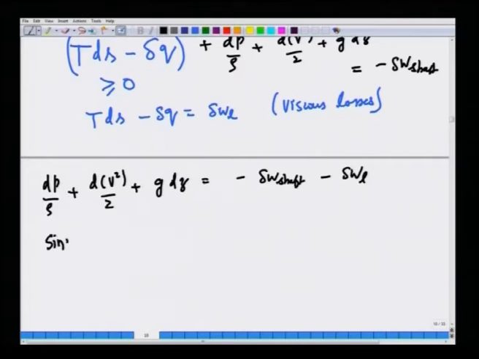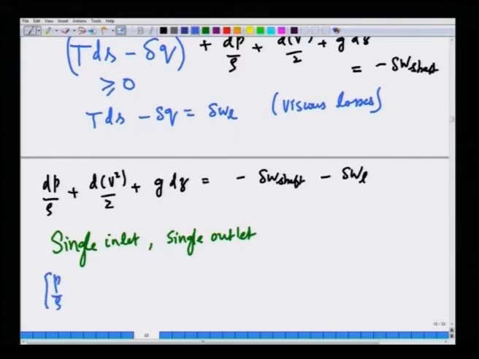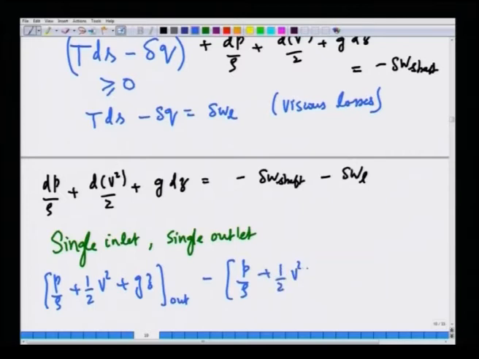So, I am going to change it back to a single inlet, single outlet kind of system, to give P by rho plus half V squared plus Gz at outlet minus P by rho plus half V squared plus Gz at inlet is minus W shaft minus W loss, viscous losses.